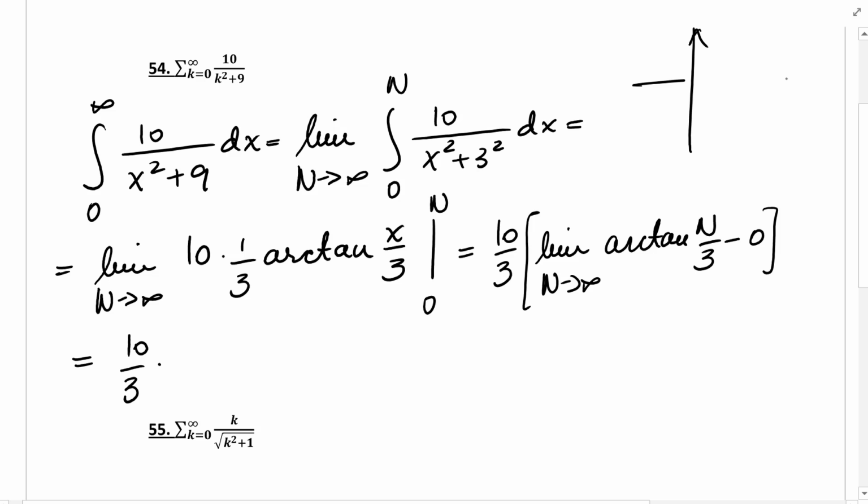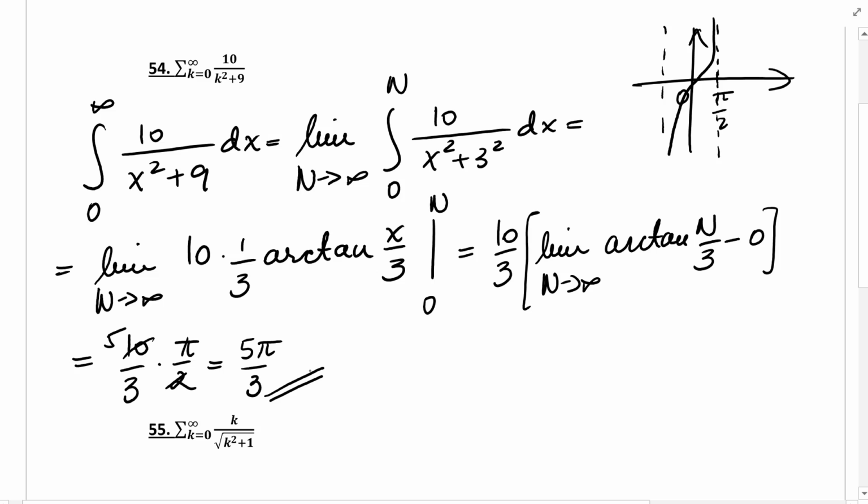I want to remind you that at pi over 2, the graph of the tangent goes to infinity. This is how the graph of tangent looks. What does that mean? It means that arctangent of infinity is pi over 2. So the answer is 5 pi over 3. So this series converges.